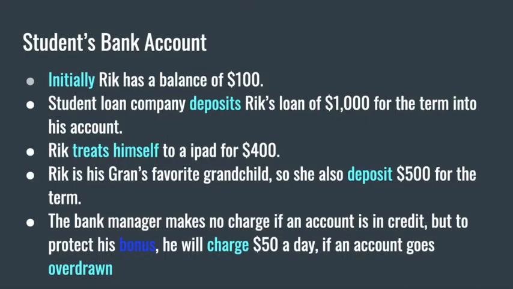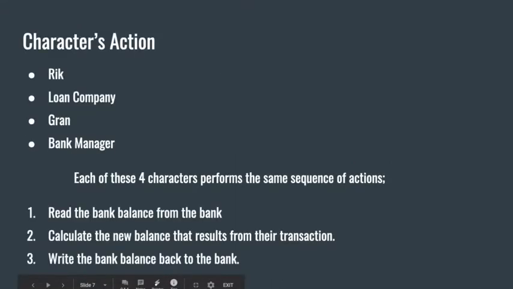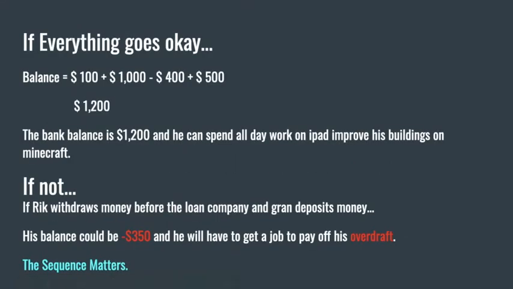When the account goes overdrawn, the bank manager charges $50 a day. So it results in his account balance being minus $350. So he will have to get a job and pay off his overdraft. So see, the sequence matters.